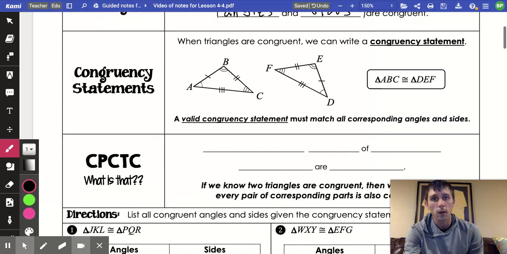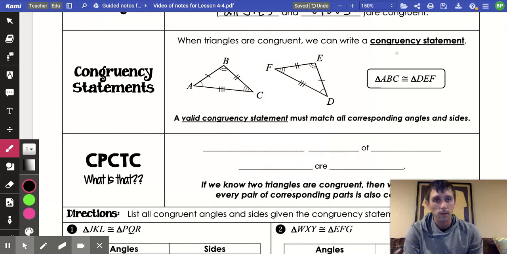So when triangles are congruent, we can write a congruency statement. So we have two triangles, ABC and DEF, right? Triangle ABC is congruent to triangle DEF. And a valid congruency statement must match all corresponding angles and sides. So what that means is A, see how it only has one tick mark here, would match up with D. It only has one here.